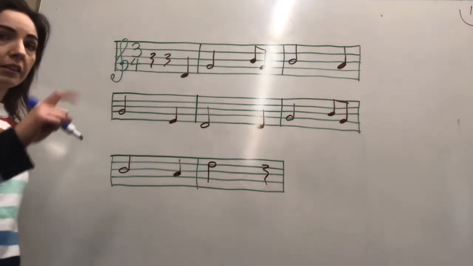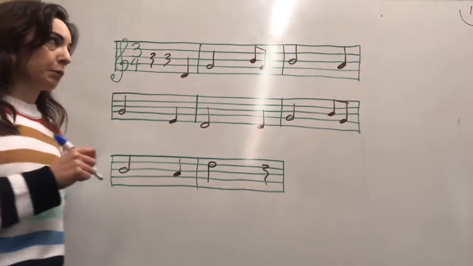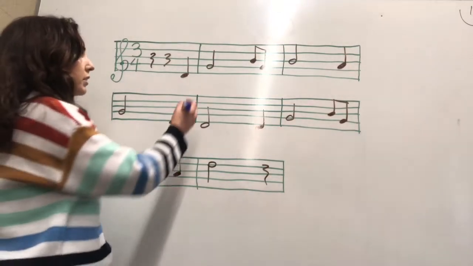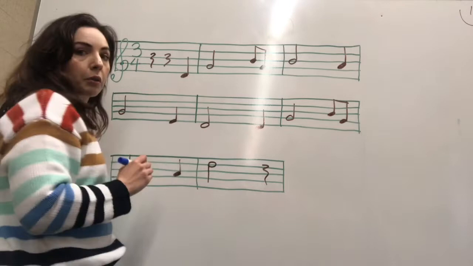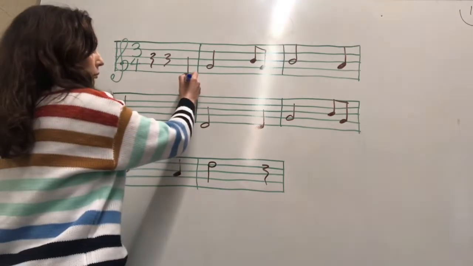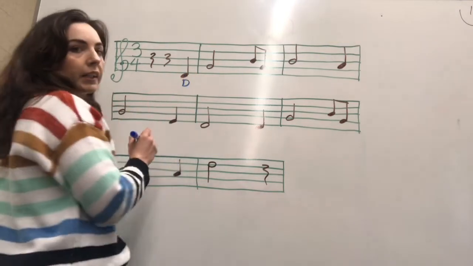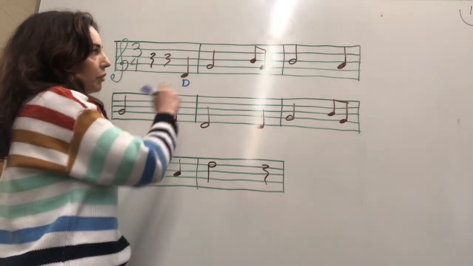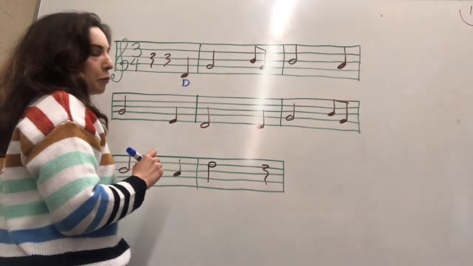So now I've placed all these on the staff, and let's go ahead and put letter names underneath that. Since we've been practicing doing that, this would be a good time to practice putting in letter names. So this first one is D. See if you can name the next note before I write it on there.